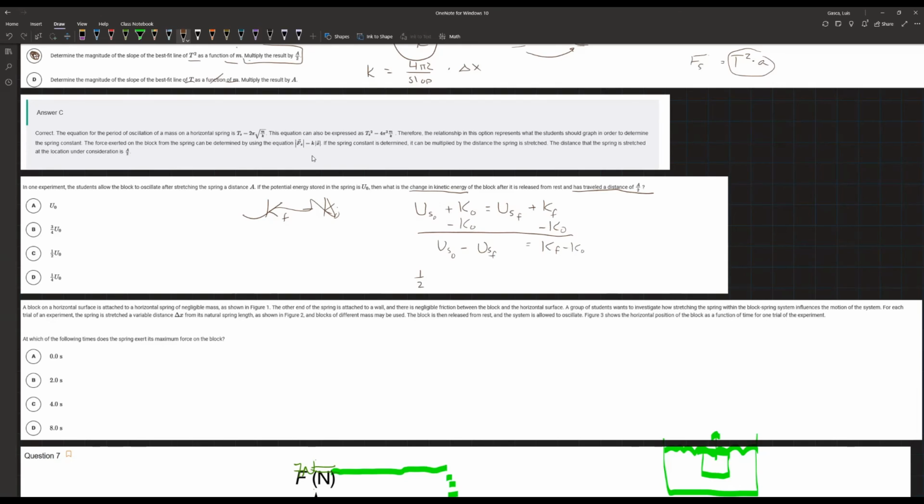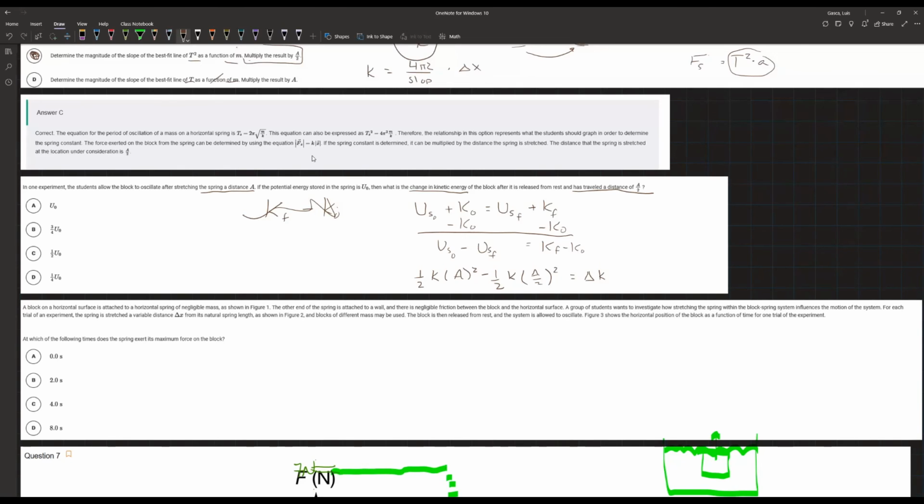And so this becomes 1/2 K times A squared, because it is at a stretched distance of A, minus 1/2 K. And then now we're at half that distance, but we have to be careful. Just because we are stretched to only half that distance does not mean that we have lost half of our energy.